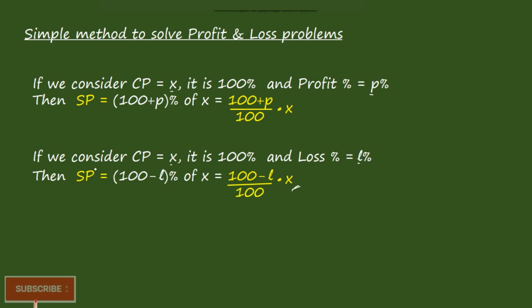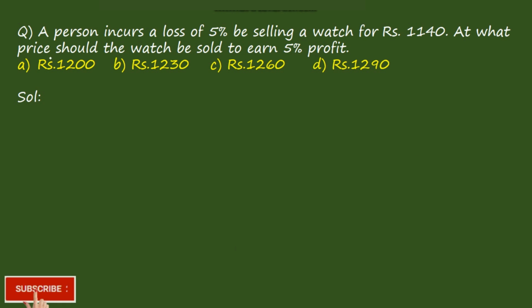Let us start the problems. Come to the next question. A person incurs a loss of 5% by selling a watch for rupees 1140. At what price should the watch be sold to earn 5%? First, we understand the question. They are saying that the person incurs a loss of 5% by selling the watch for rupees 1140. So first, loss percentage is equal to 5% when the selling price is equal to 1140.